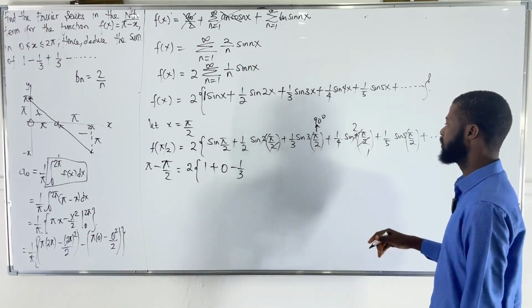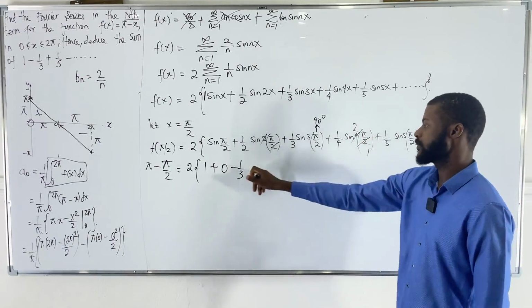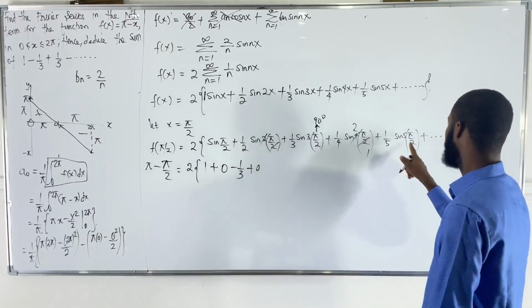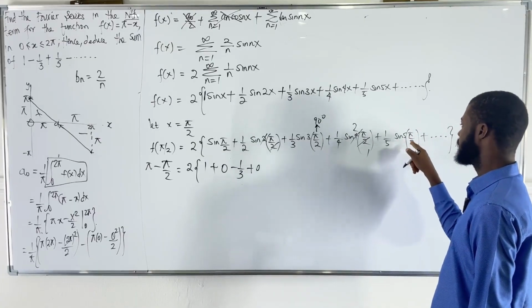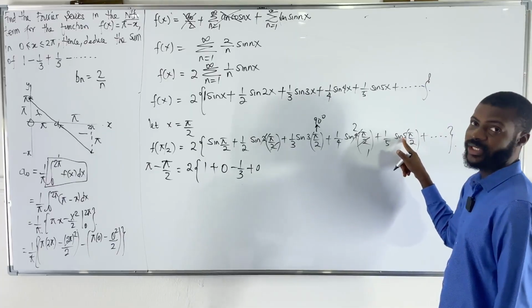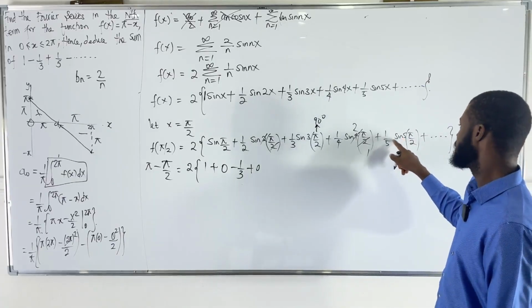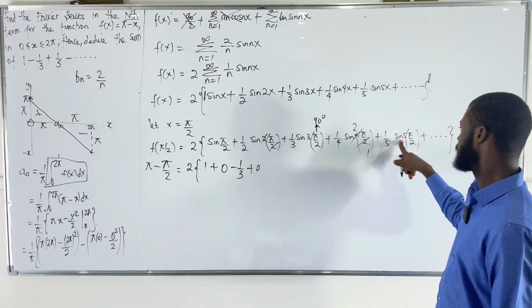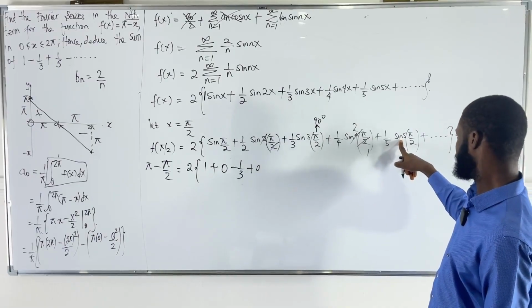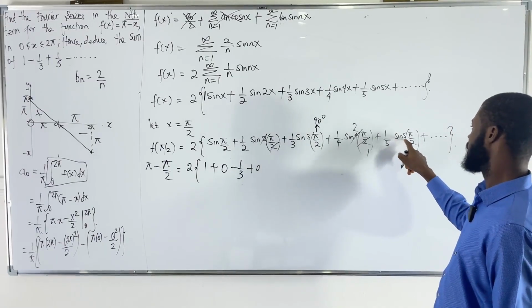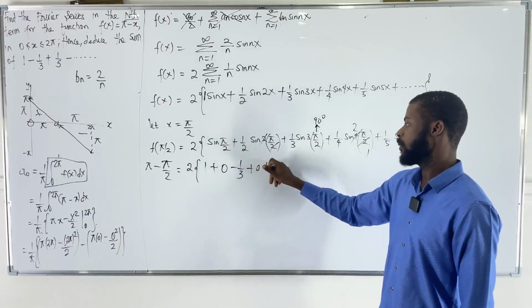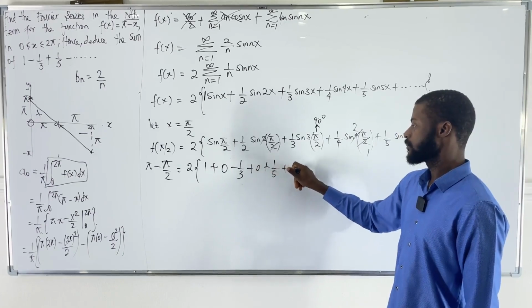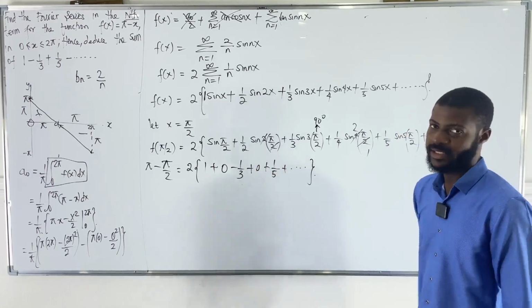Sine 360 degrees is 0, so plus 0. Now here, this is pi over 2, which is 90. 90 times 5 is 450. Sine 450, that's positive, sorry. So plus times plus will give me plus 1 over 5. So you can see that that's how it works.